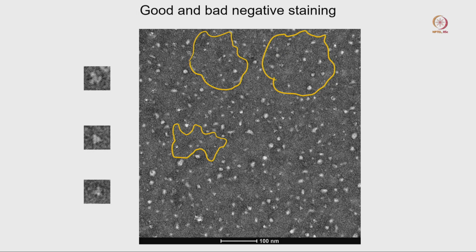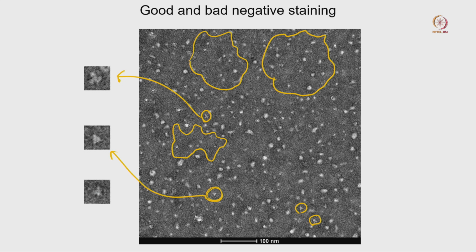But in some cases you can see some triangular shapes. It is not very prominent, but still we can get some protein molecules like that. If you focus on this one, it is very much identical with this one.